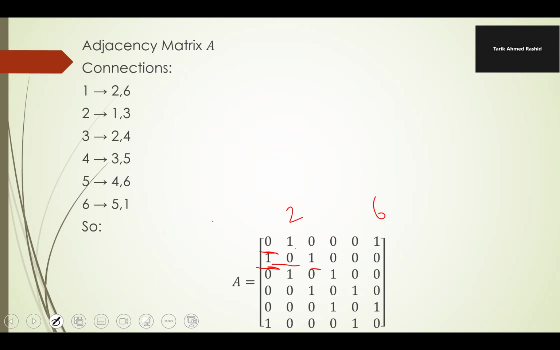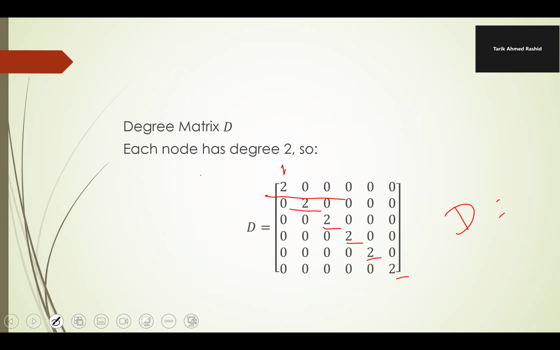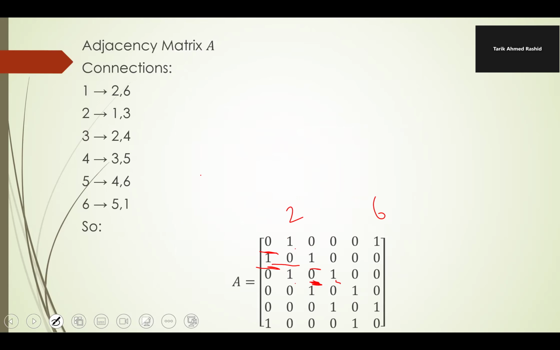And node 3 is not connected to itself, but it's connected to 2 and 4. So we put 1 for 2 and 1 for 4, and so on and so forth.